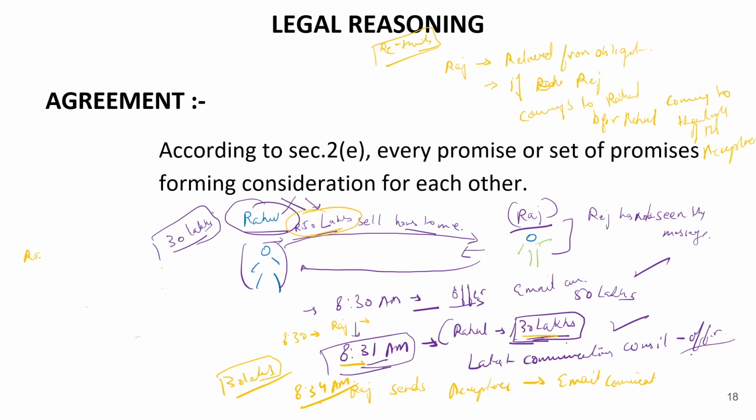And Raj at 8:34 a.m. sends the mail, but it was not seen by Rahul, meaning knowledge of acceptance wasn't there.